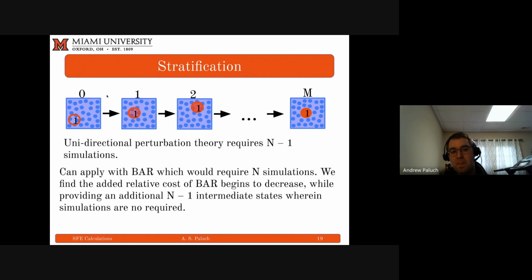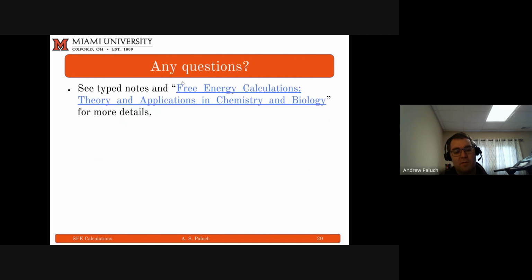So the key is that I'm only trying to estimate that intermediate state by its neighboring subensembles. The state between 0 and 1, I'm only estimating its value by performing the simulations in 0 and 1. The idea behind MBAR is that, rather than just going from 0 to intermediate and 1 to intermediate, I'm going to perform perturbations from 0 to every other state.